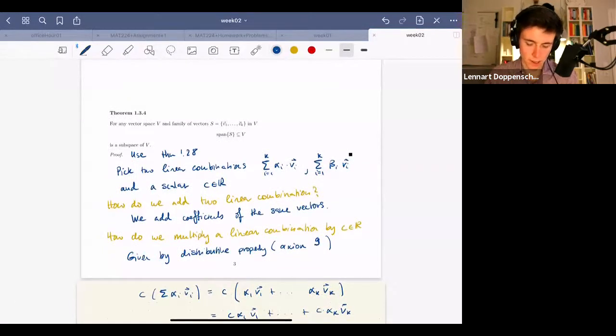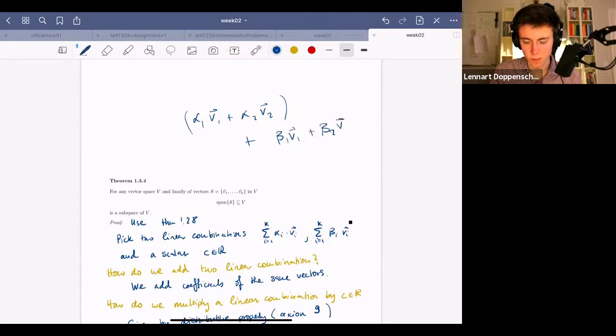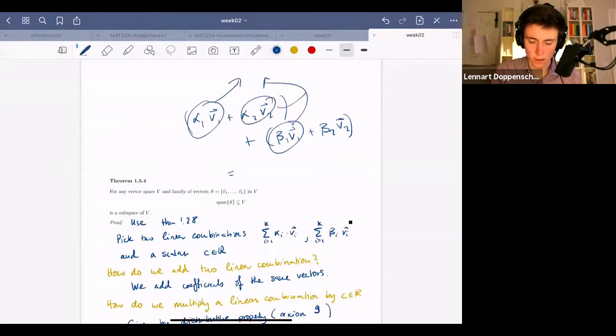I guess the addition also follows from an axiom. If you have alpha 1 v1 plus alpha 2 v2, just as a very short linear combination, and then you add beta 1 v1 plus beta 2 v2. Well, first of all, you use commutativity to bring the v1s together and the v2s.